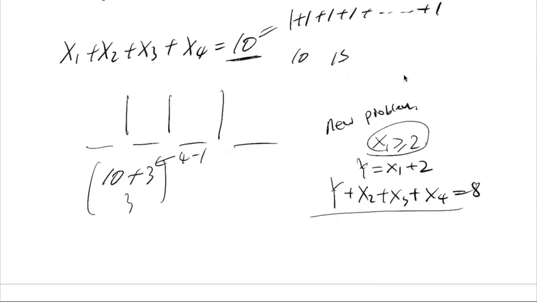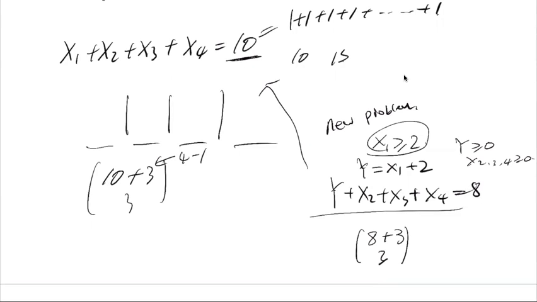The way to solve that is to change this variable to y equal to x1 minus 2. So y will have the condition that it is greater than or equal to 0, and similarly for x2, x3, x4. So we can do the same thing as before: 8 identical ones and 3 dividers. Out of these 11 positions, we want to choose 3 positions for the dividers. That's the solution for this problem.